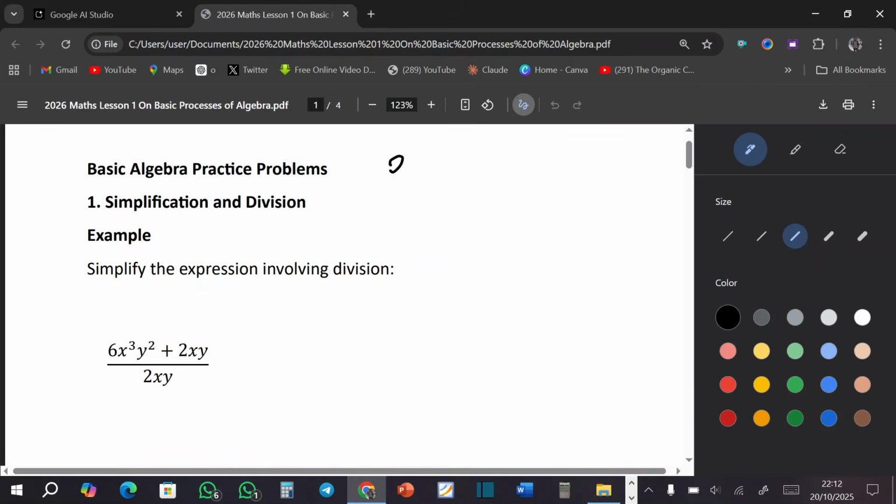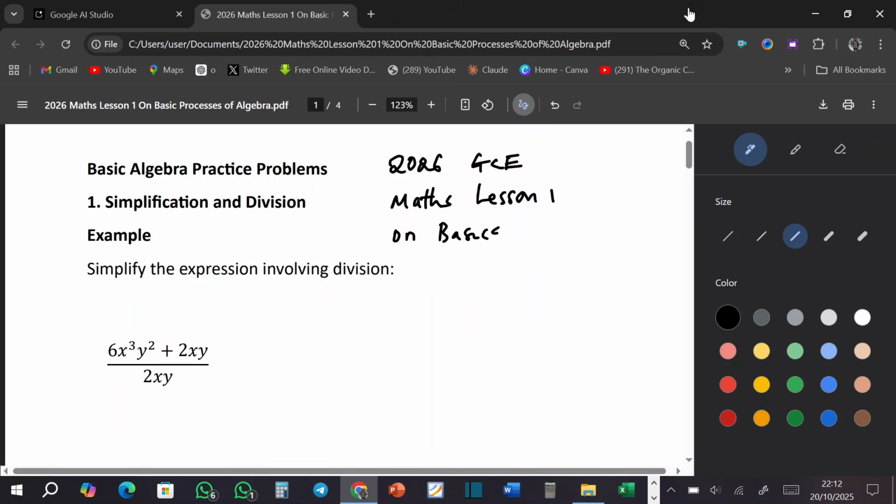So this is 2026 GCE Mathematics Lesson 1 on algebra, on basic processes of algebra.